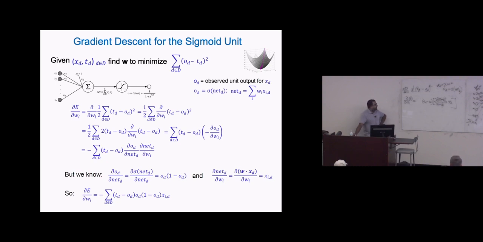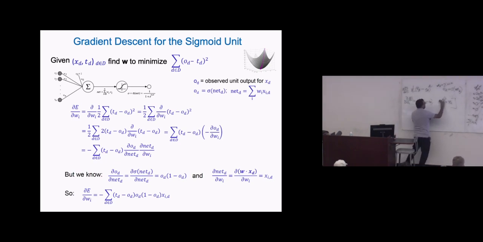Okay. Now, what about this part? We already know what this is. What is that? Derivative of the sigmoid function, right? Which is sigmoid times 1 minus sigmoid, right?